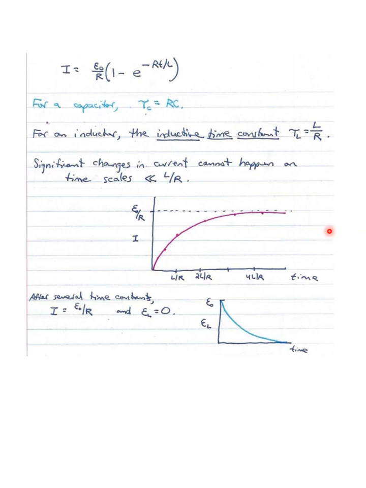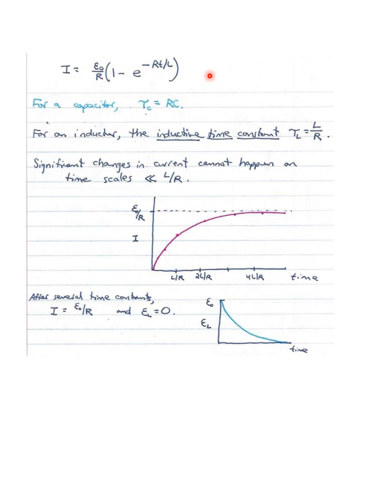And you can see the picture in the middle of the page. So if you look at the equation at the top of the page, it should remind you of the equations that we saw with a charging or discharging RC circuit. And you see that base of the natural log, that e, to the exponent it's put to, negative Rt over L. Now for a capacitor, we had a time constant.